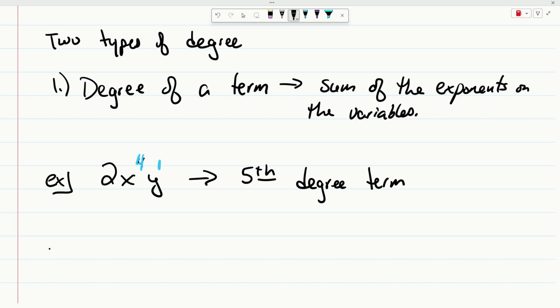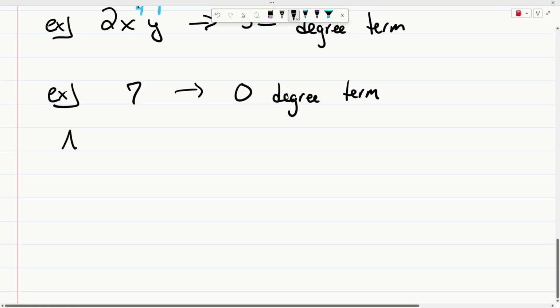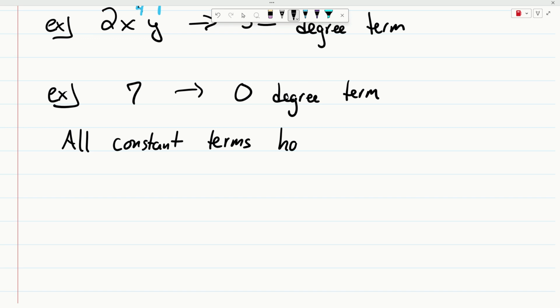Okay? How about 7? Well, this would be a 0 degree term because there are no exponents. So it's a 0 degree term. In fact, all constants or all constant terms have a degree of 0. Okay?